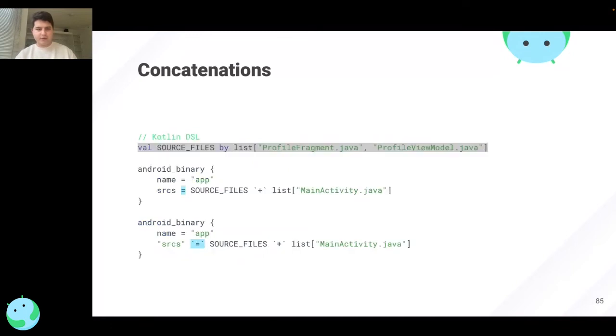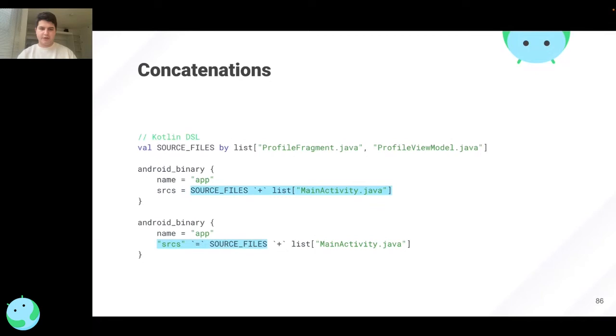Yeah, and here we can consider another case. As you remember, we just recently discussed that we can have custom arguments in the functions, and we have those assignment operators with backticks. So in the first Android binary call, we're using just a regular assignment operator. And in the second Android binary call, we're using this custom, dynamic argument and our custom operator.